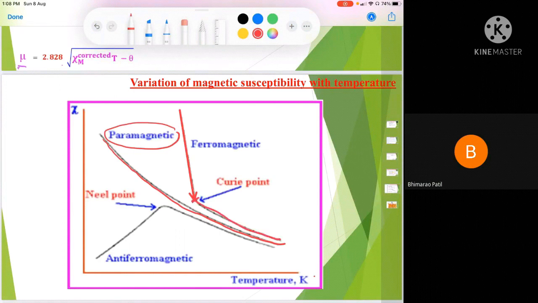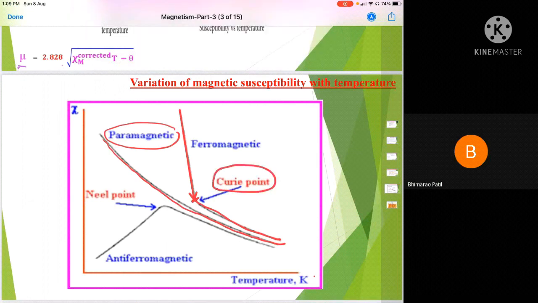The temperature at which ferromagnetic substances are converted to paramagnetic substances is known as the Curie temperature, and that point is known as the Curie point. In antiferromagnetic substances, if you slightly increase the temperature, the molar magnetic susceptibility goes on increasing with the temperature till the Neel temperature. After that temperature, the antiferromagnetic substances also behave like paramagnetic substances.